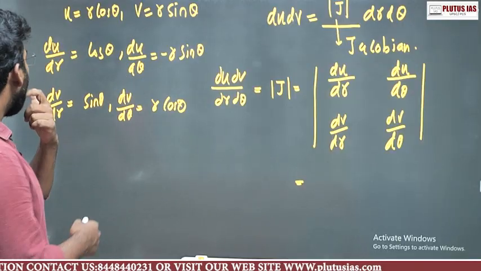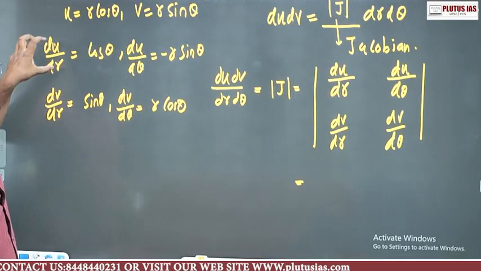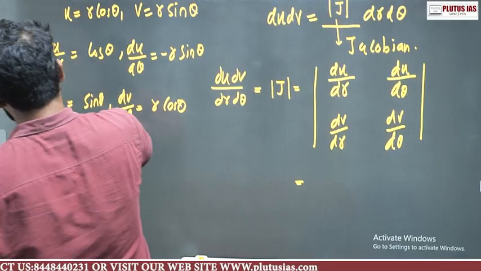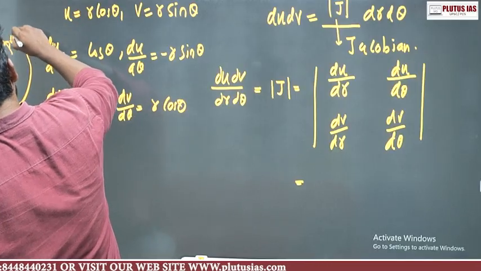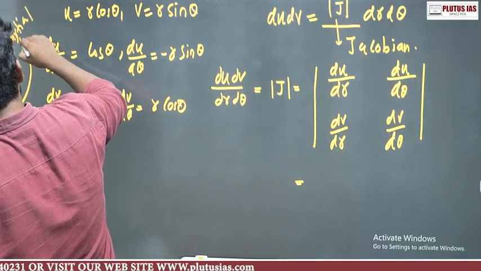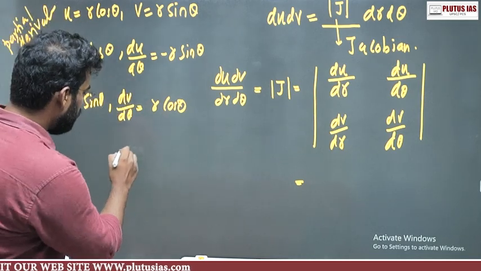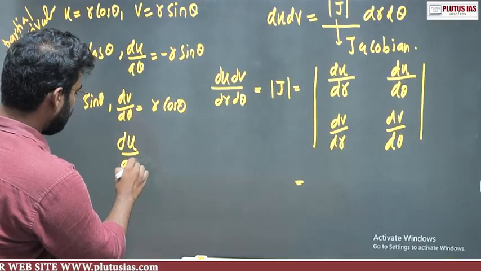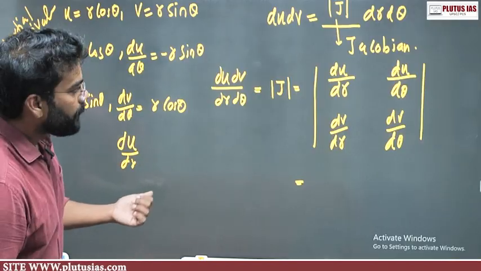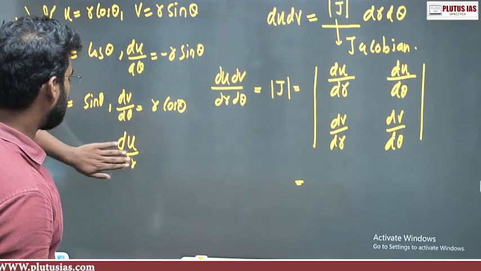These are the partial derivatives. So it's like del u by del r, and so on; just replace the notation.